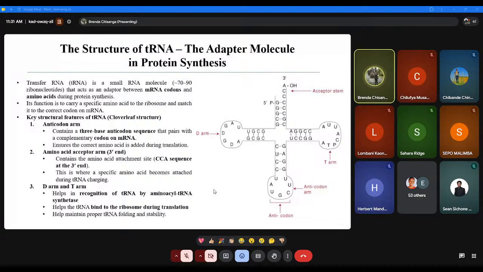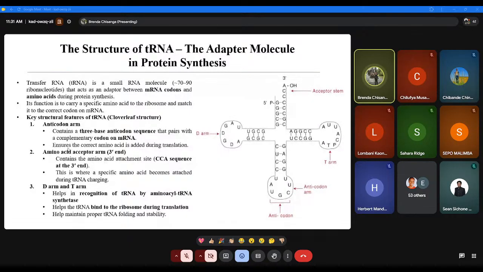I just want us to hold on to that thought. So what this means is that you're going to have different tRNAs for different codons. At this point, we're trying to say the relationship between the mRNA carrying our codons and the tRNA is that the tRNA carries an anticodon that is complementary to a specific codon on your mRNA.